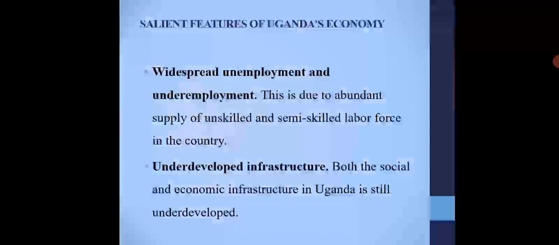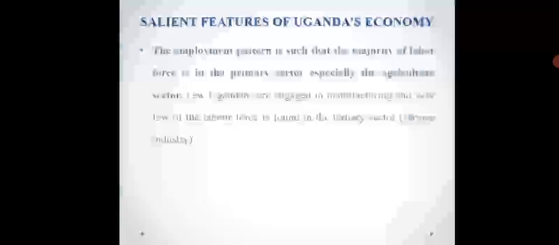They are all underdeveloped. The employment pattern is such that the majority of labor force is in the primary sector, especially the agriculture sector. So in this, you find that few Ugandans are engaged in manufacturing, and very few of the labor force is found in the tertiary sector, that is the service industry.